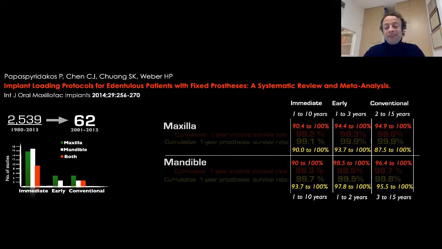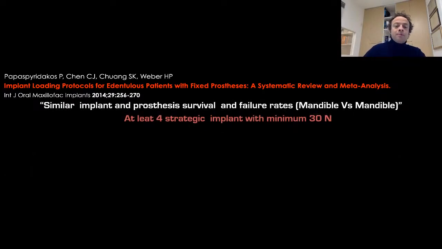The most important thing is to respect the protocol, and the protocol considers, of course, placing at least 4 implants with a good primary stability, and creating immediately a prosthesis, maybe without too much occlusal load in the posterior segment, in particular in the distal cantilever, because we know that in those areas we have the maximum amount of occlusal forces.